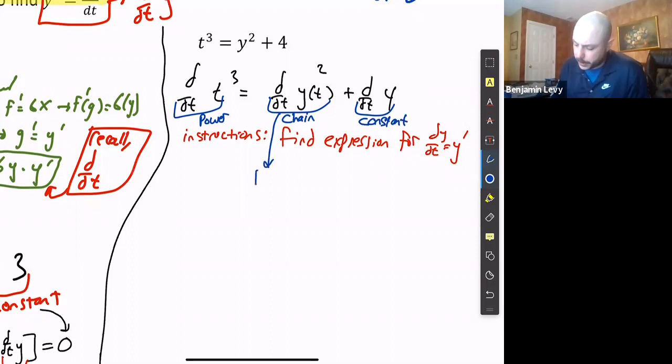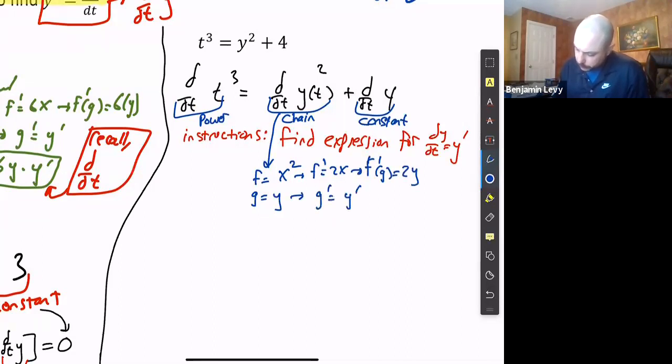So that's a chain rule with the outside function being x squared and the inside function being y.